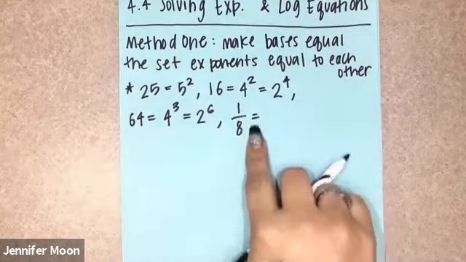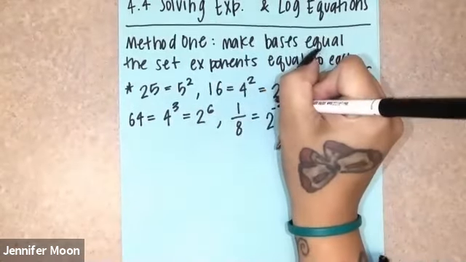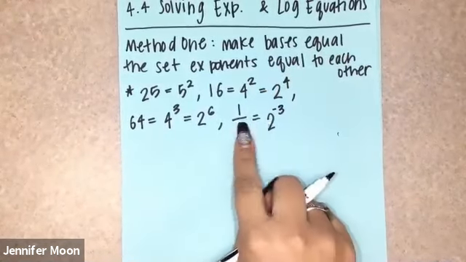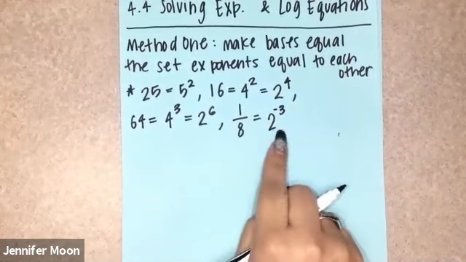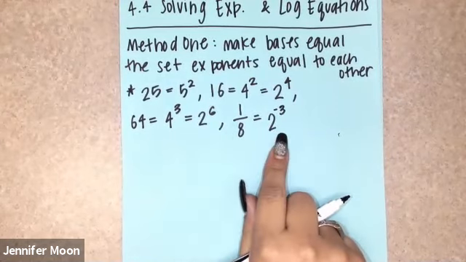Well, I know that since this is a fraction, if I'm going into a whole number, my exponent would be negative, right? These are equivalent. I actually get here from here, but if I see this and I need a base of 2, I would write it like this.